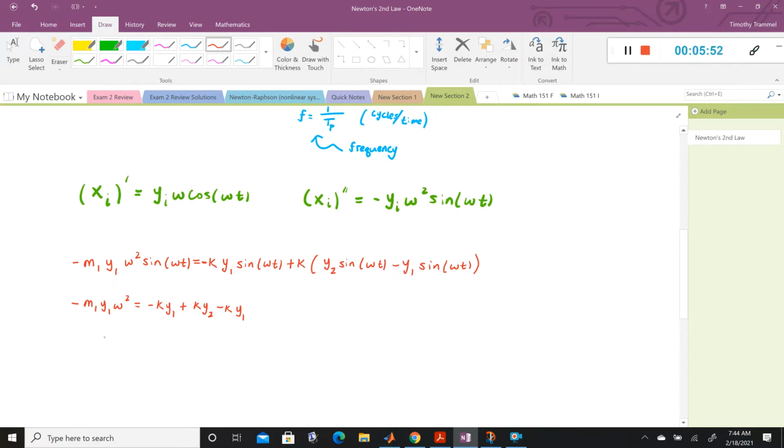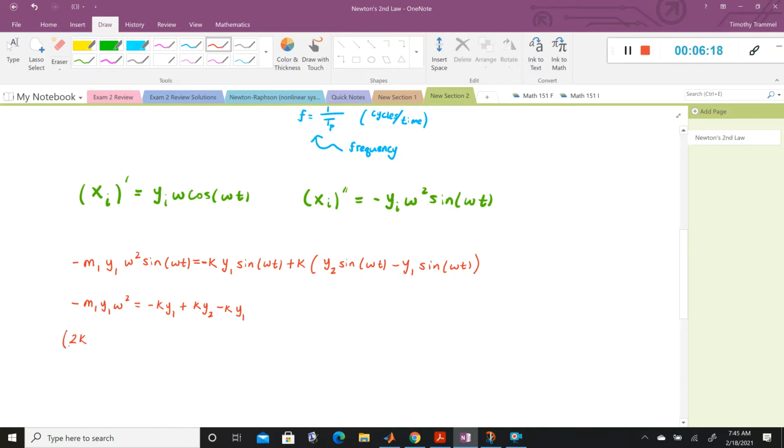All right, so next, let's go ahead and maybe combine some like terms. I noticed that here on the left, we have a y1, and we have a couple more y1s over here. So if we were to add those y1s to each side, we'd have a 2y1, and I should say 2k y1.